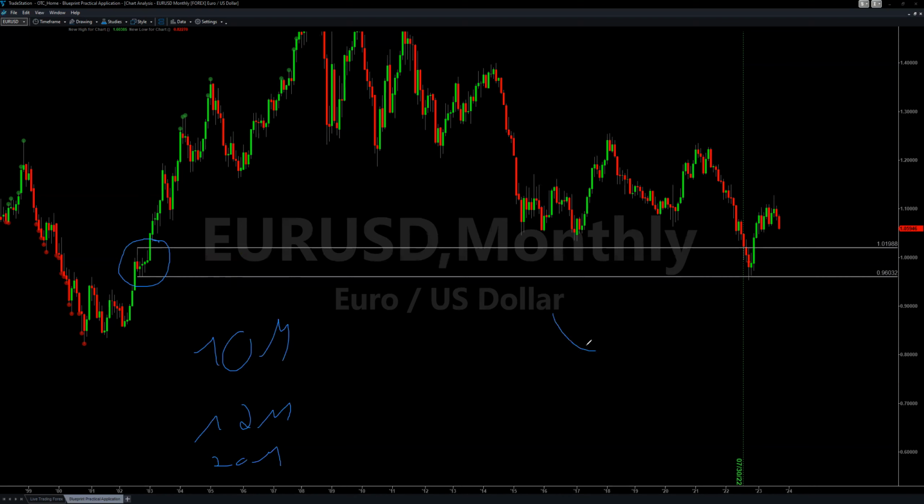Let me explain again why we are looking for few candles, right? Less candles. We want to see as few candles as possible. This means institutions have had very little time to fill their orders, and the more likely it is for us to find unfilled orders in this area.